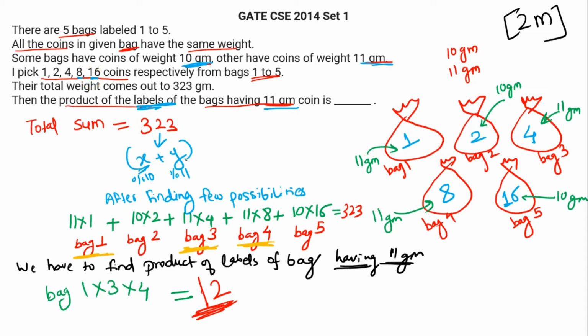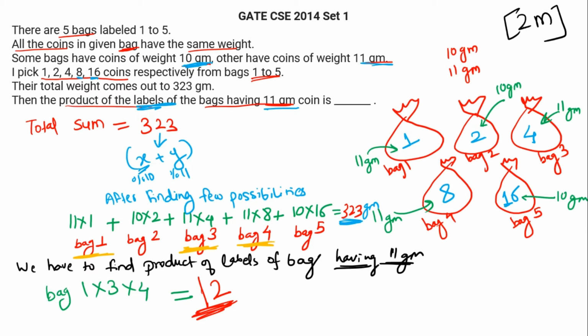The total weight from all of these bags, if we calculate it, is 323 gram. But we don't know in which particular bag the coins are 10 gram or 11 gram. So this is the data.